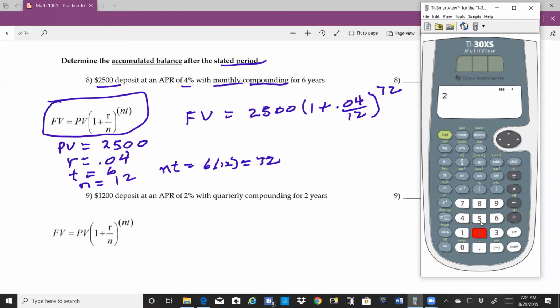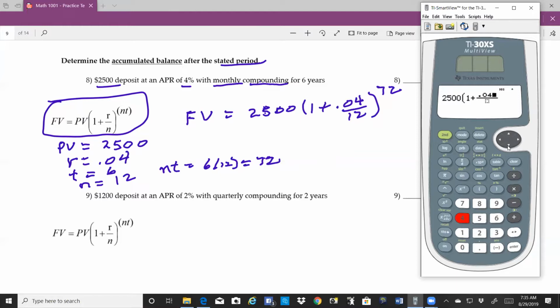We're going to put 2,500, and I'm going to do the parentheses 1 plus, and I could just simply put 0.04 over 12, but I'm going to go ahead and do the fractional expression, which is 0.04.